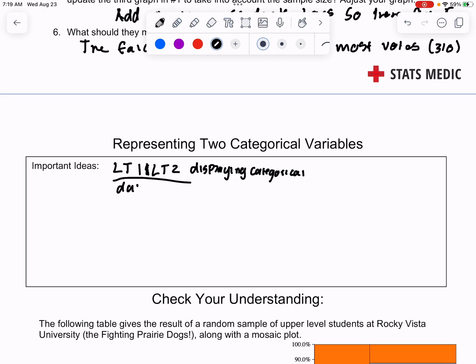And the key things you need to know is the bar graph, and what the bar graph does is each bar represents the frequency.